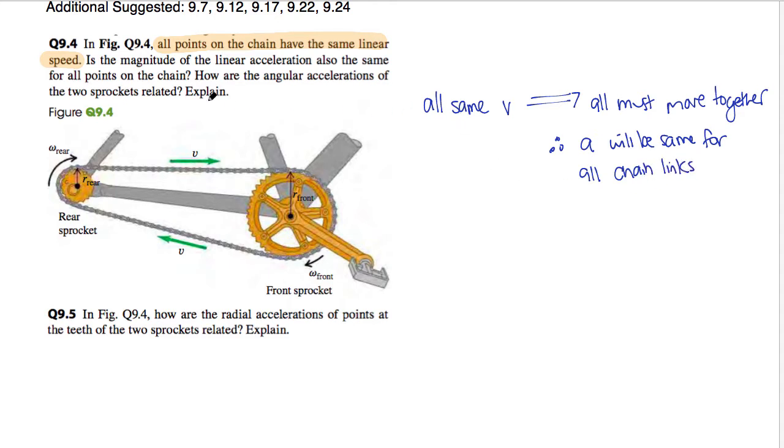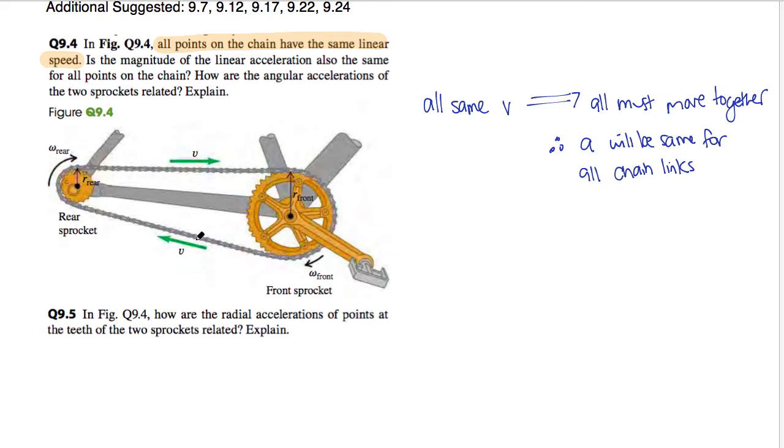Now, the second part of this says, how are the angular accelerations of the two sprockets related? So now we have a couple different situations. So firstly, we'll look at angular speed. So we know that acceleration is the same for every point on the chain. So that's the linear acceleration. Now what does that mean for us?